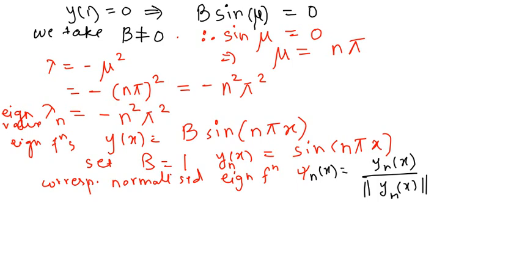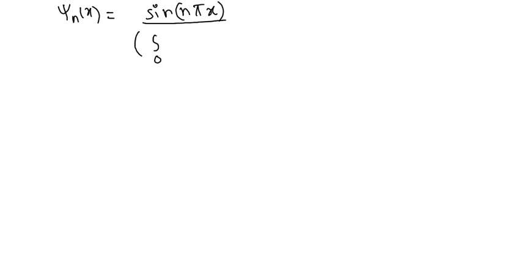So we'll calculate this. So xi n of x will be equal to sine n pi x divided by the integral from 0 to 1 of sine square n pi x dx, raised to half.